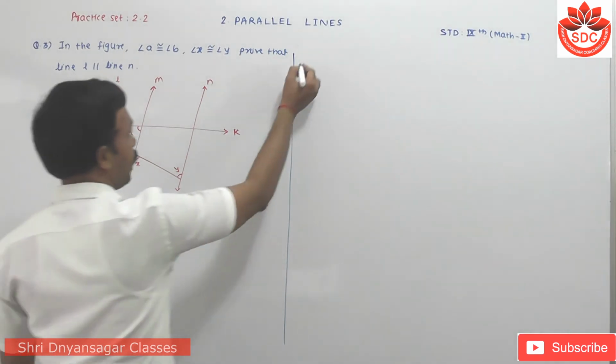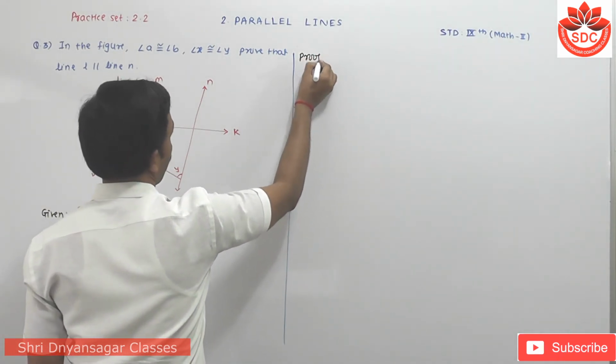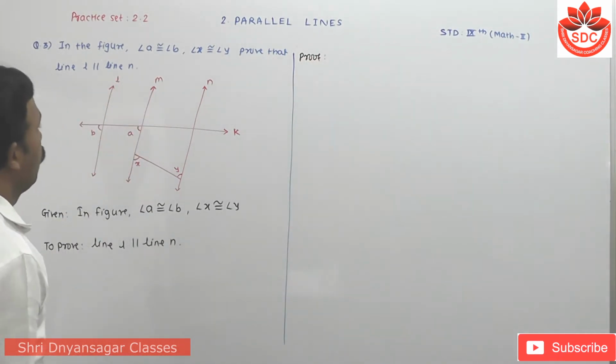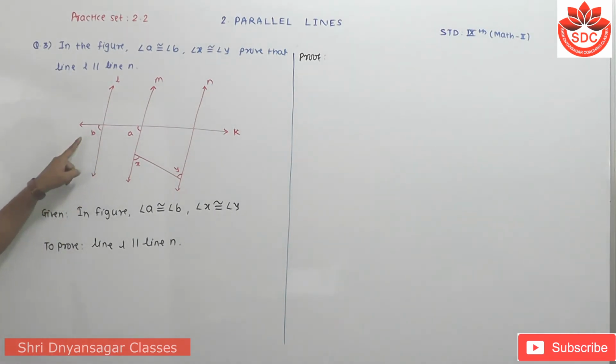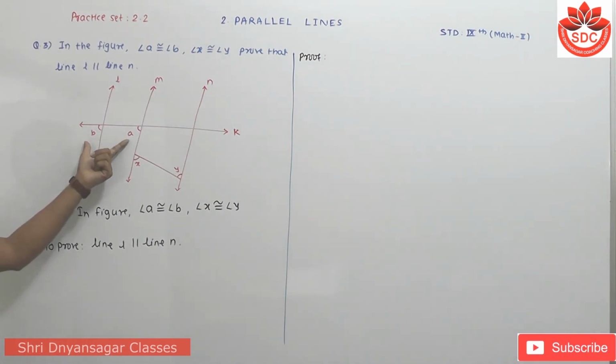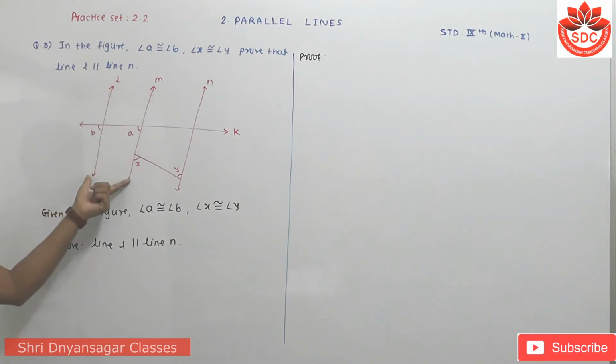I will write its proof here. Look here, angle A and angle B are which type of angles? These two angles are corresponding angles. So by using corresponding angles, these two lines are parallel.